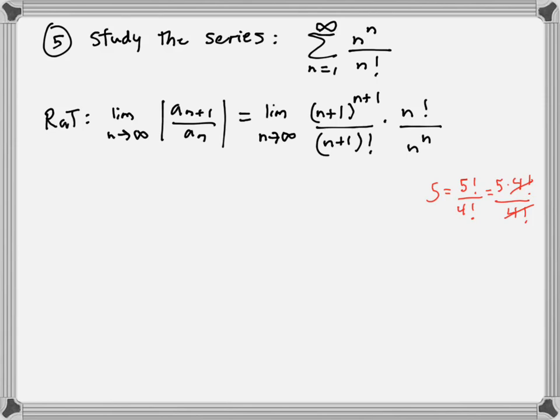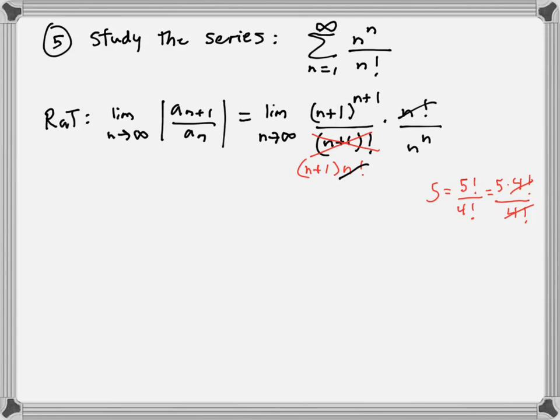It cancels really nicely with the previous factorial. And so if you look at (n plus 1) factorial, another way to rewrite this is (n plus 1) times n factorial. So if you write it like this, it should be clear that the n factorials are going to cancel and you're just left with n plus 1 on the bottom.